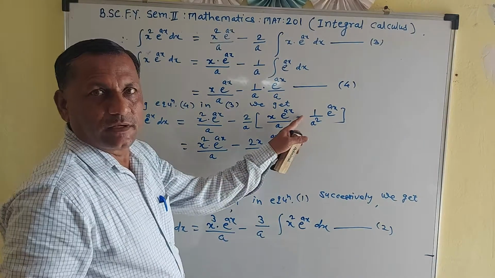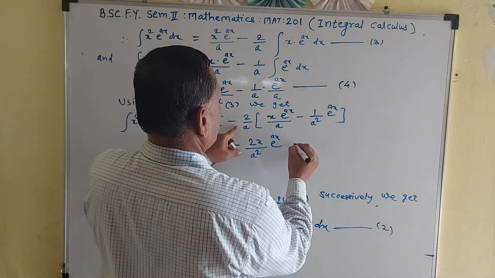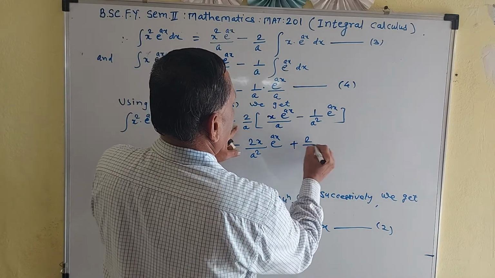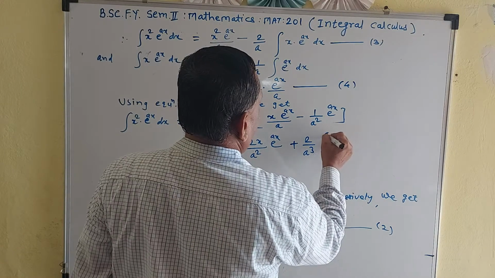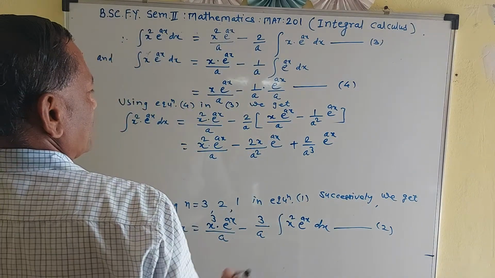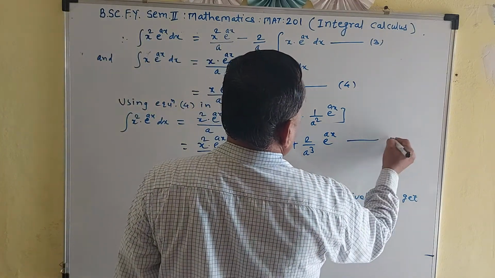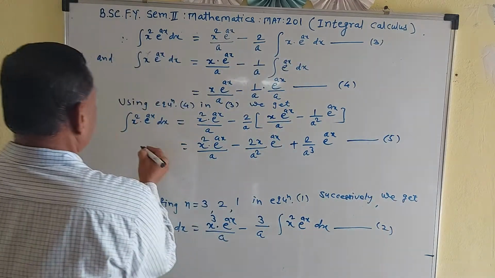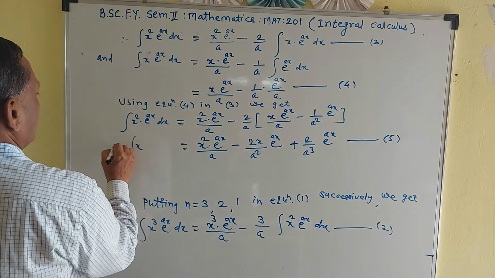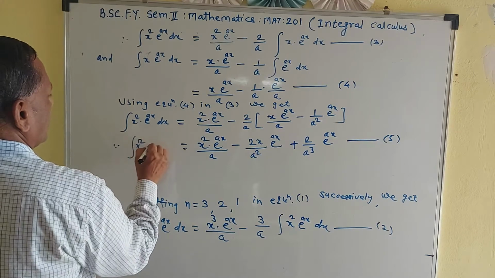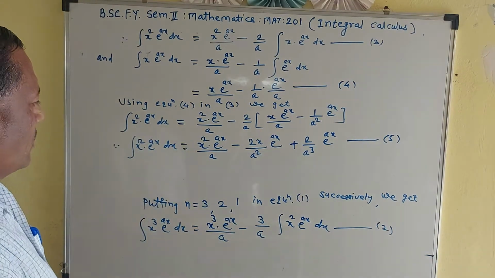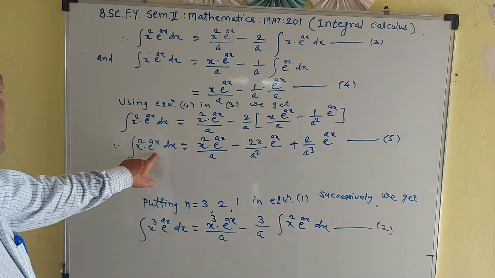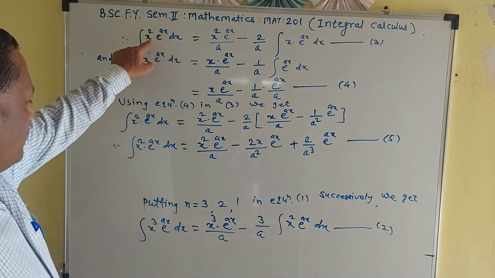Then minus minus becomes plus, 2/a³, a into a² is a³, e^(ax). This is equation 5. This is the value of the integral of x² e^(ax) dx, so you obtain the value of this.